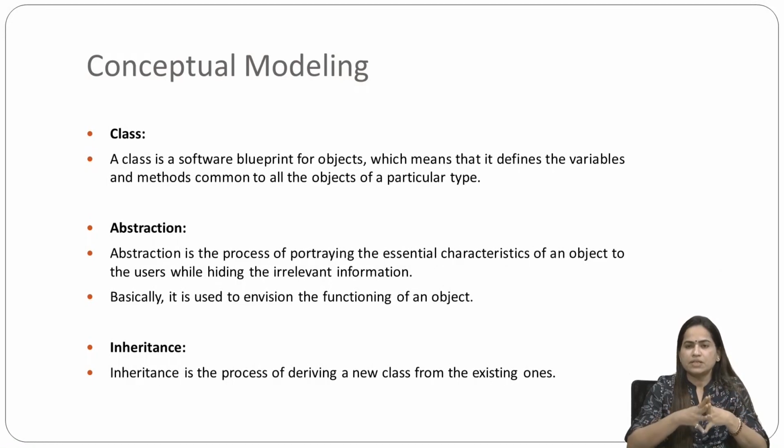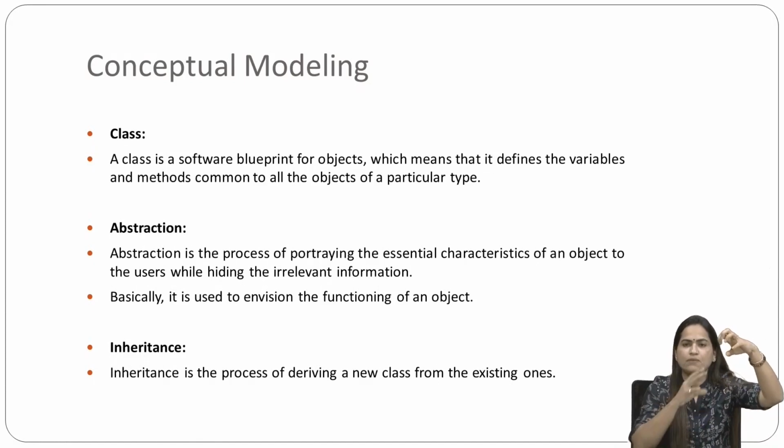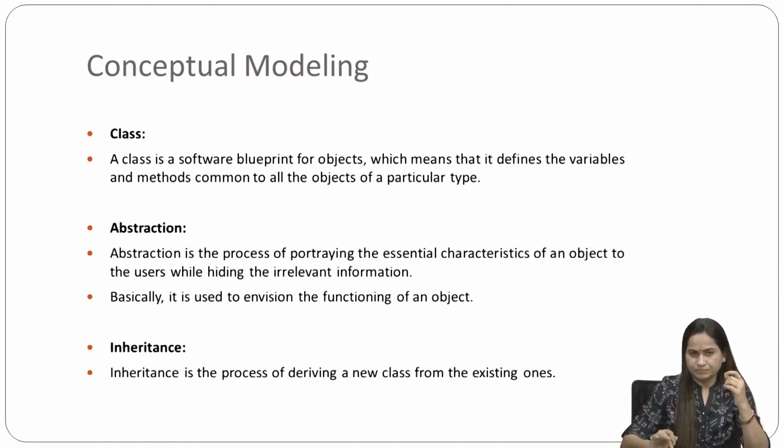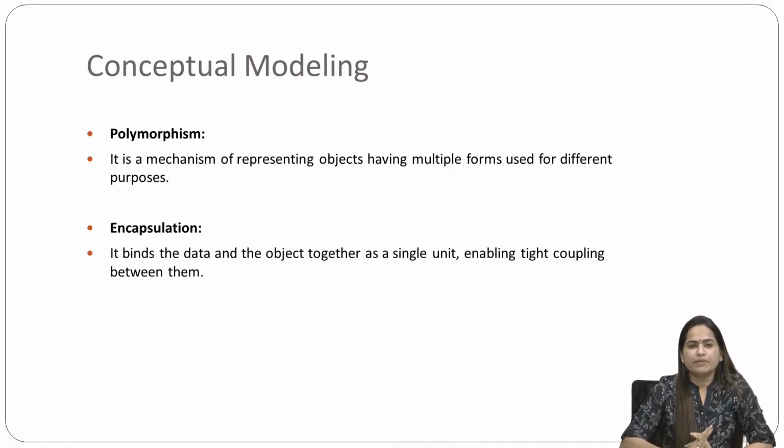Next thing we have is inheritance. Inheritance is the process of deriving a new class from existing ones. Inheritance means you have one thing from which you derive some other thing. That is called inheritance, deriving a new class from the existing ones. Then we have polymorphism.